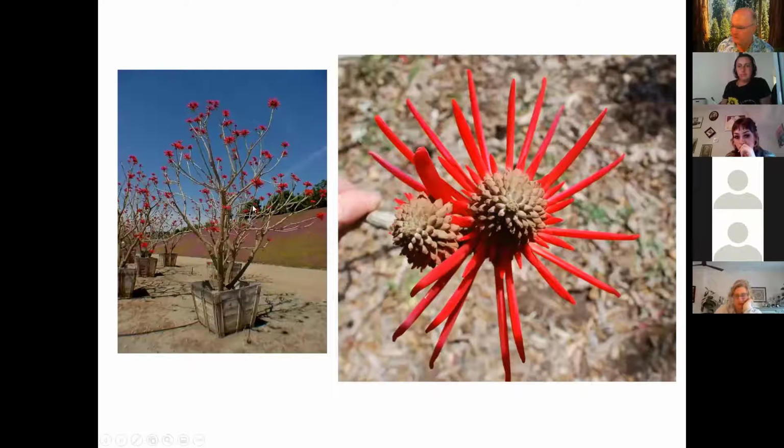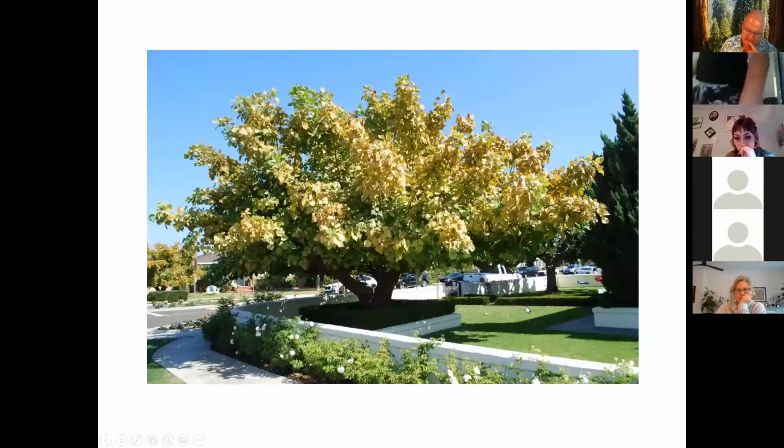Here it is in bloom with no leaves. So naked coral refers to that. And here's the inflorescence as well. Here's one I think on the drive-by list on Broadway and Tustin.